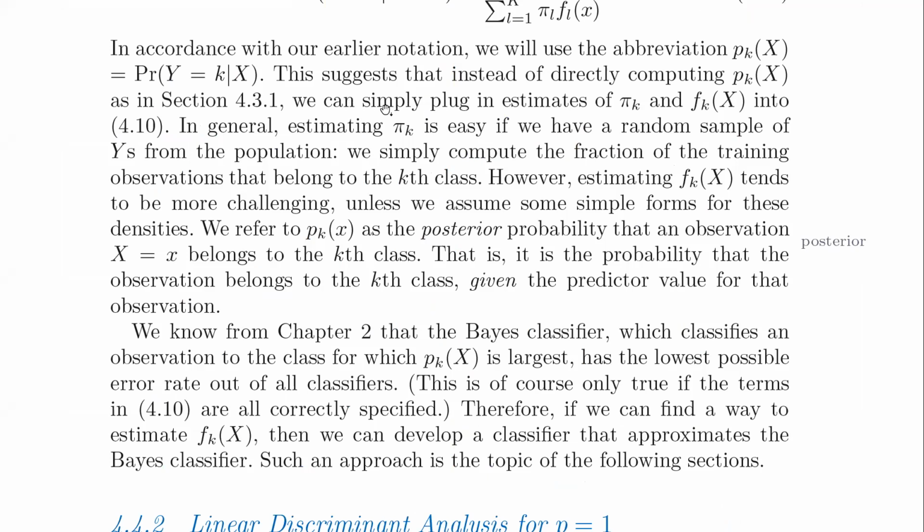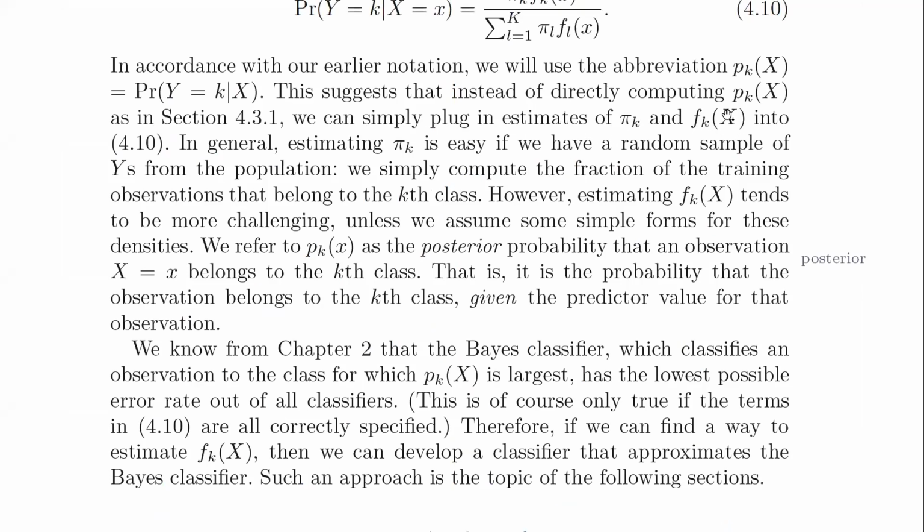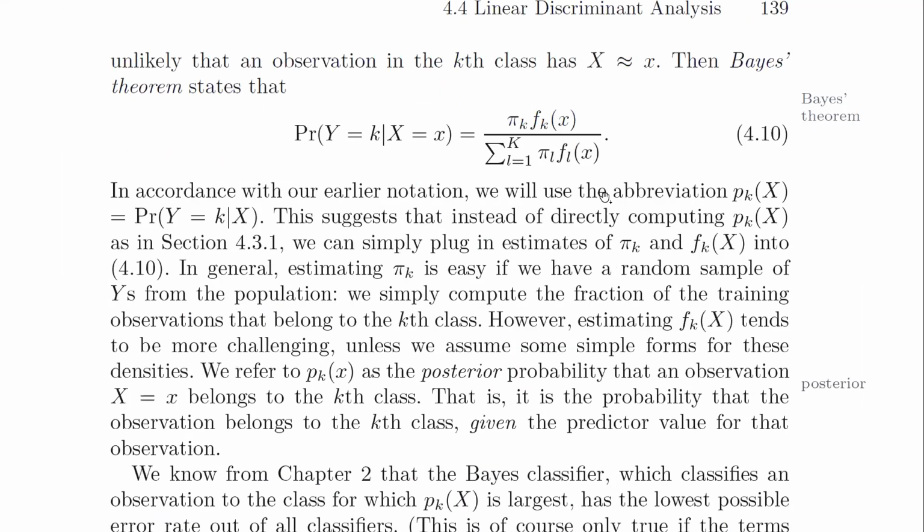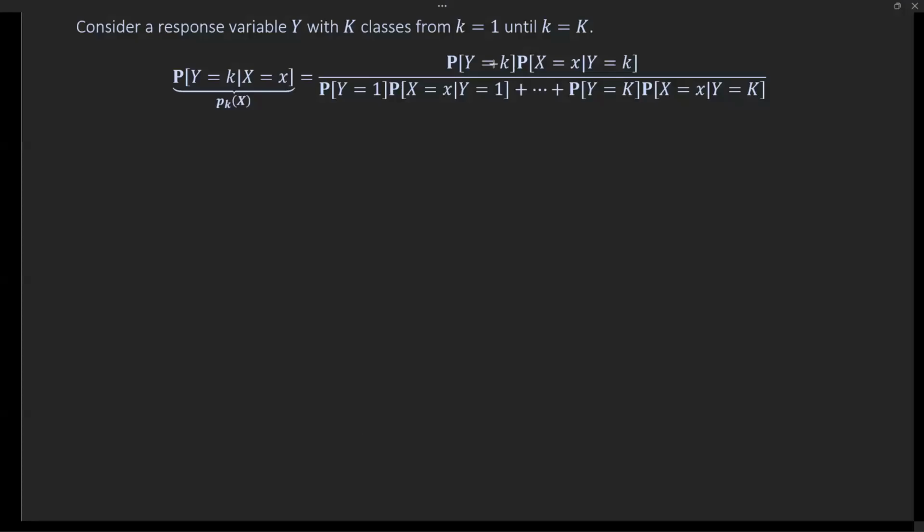We can simply plug in estimates of pi k and fk of X into 4.10. So we're going to need, as we've been saying, estimates of these fk's and estimates of these pi k's.